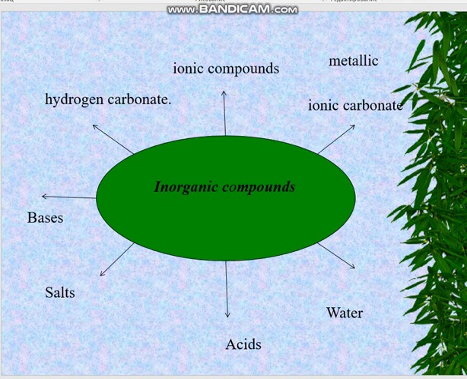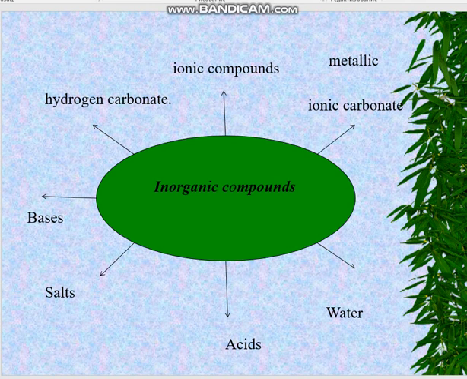It also includes covalent networks. These substances are fully covalently bonded throughout the structure, so not molecular. It can be found in diamond or silicon dioxide. Inorganic compounds contain such substances as acids, salts, water, and bases.